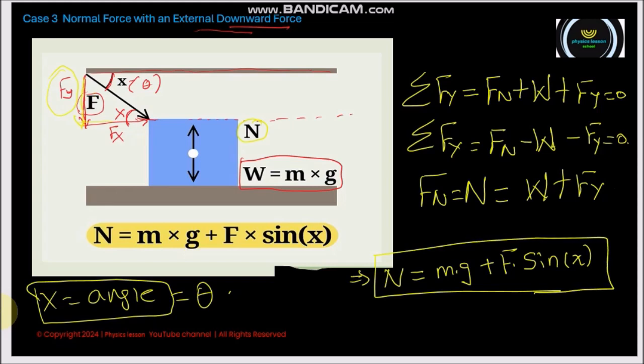Don't forget to decompose all the vertical forces we are adding, and then put the direction either negative or positive according to upward or downward, because forces are vector physical quantities. All right, let's see the next case.